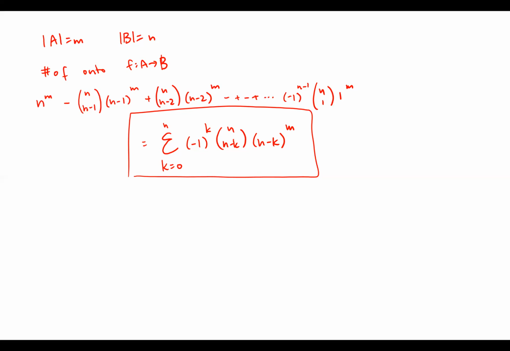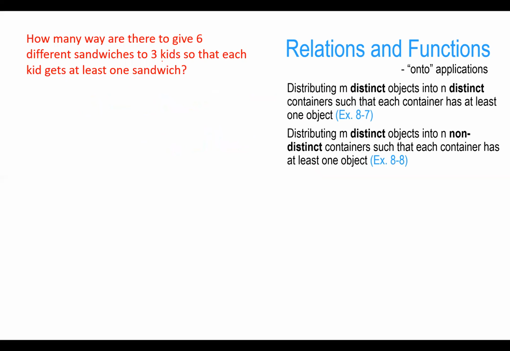So let's take a look at a very simple example. I have 6 different sandwiches, and I have 3 different kids, so that each kid has to get at least one sandwich. So I want to distribute all of these 6 different sandwiches to the 3 kids.